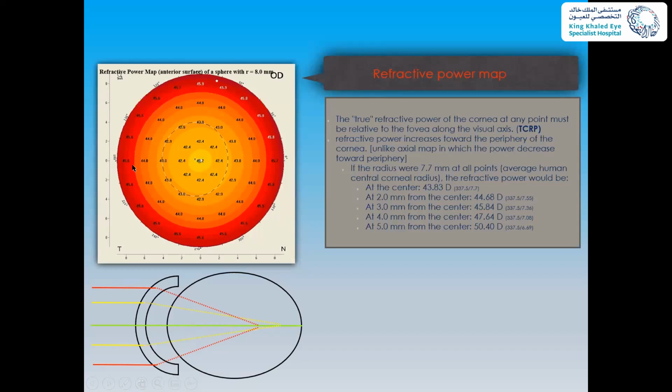It is based on the same ray tracing formula, using a point relative to the fovea, so anything here will be refracting more. So on the refractive power map, as we go from the center to the periphery, the dioptric power of the cornea increases. This is just to add to your confusion, but just ignore this now or forever.